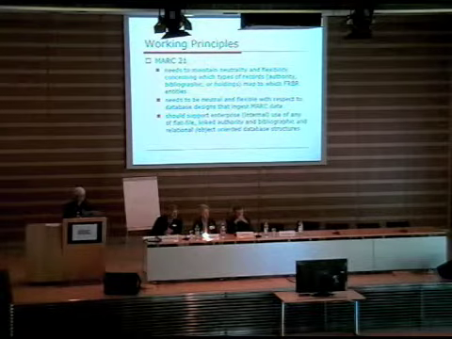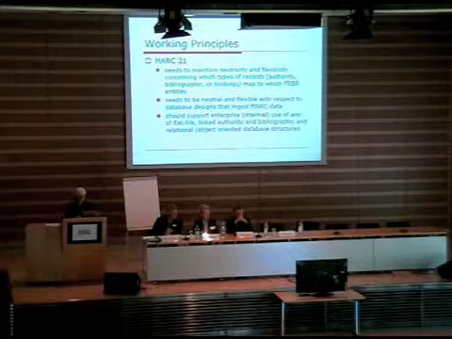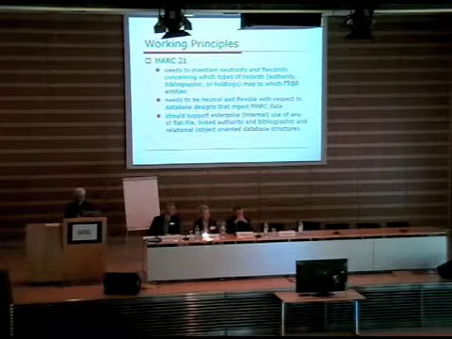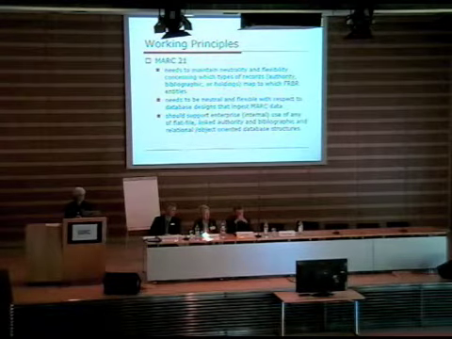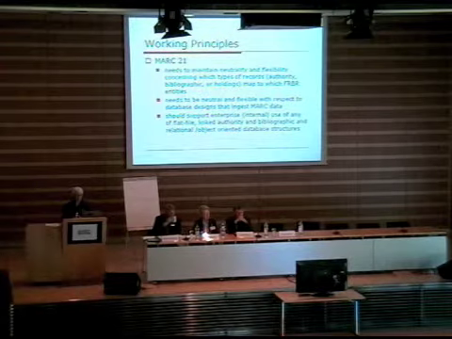MARC 21 needs to remain neutral and flexible with respect to database designs that ingest MARC data. And it should support enterprise use of any of the flat file, linked authority and bibliographic, and relational object-oriented database structures. And you saw previously how Tom showed us that this could work.